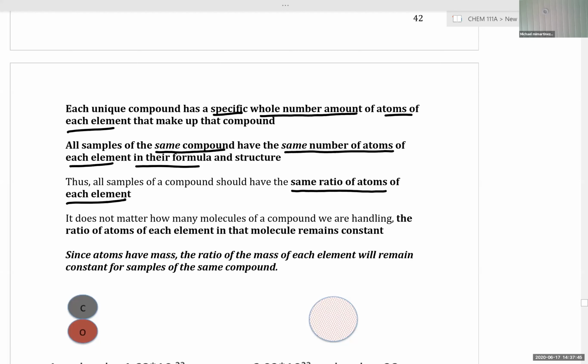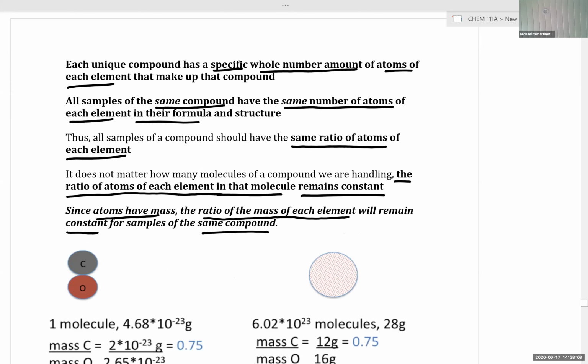Now, this is important because no matter how many molecules of a compound we are handling, the ratio of atoms of each element in that molecule remains constant. On top of that, since atoms have mass, the ratio of the mass of each element is constant for the same compound. So let's look at an example.